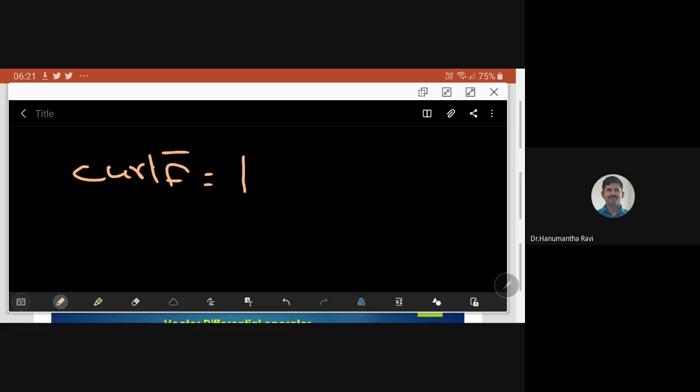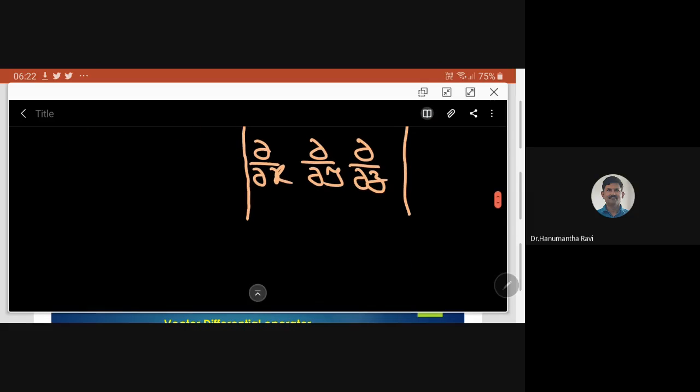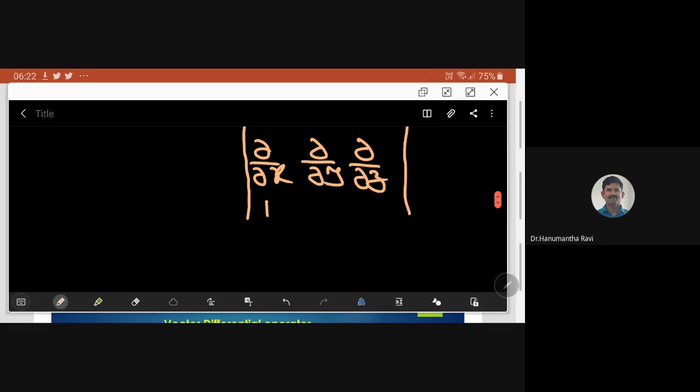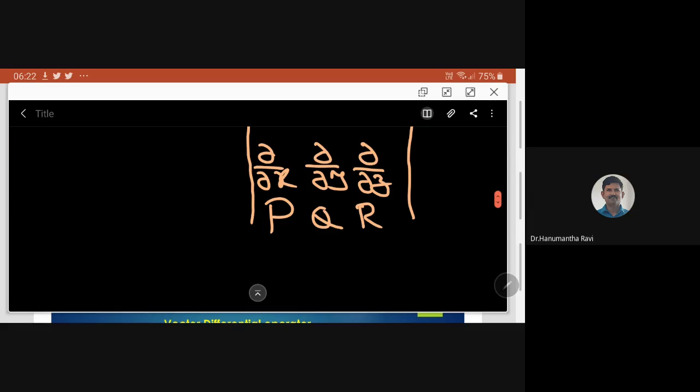As before, quick recall, you can think about a determinant with i bar, j bar, k bar, then dou by dou x, dou by dou y, dou by dou z, and then F components P, Q, R. This in short can be written after expansion as follows.